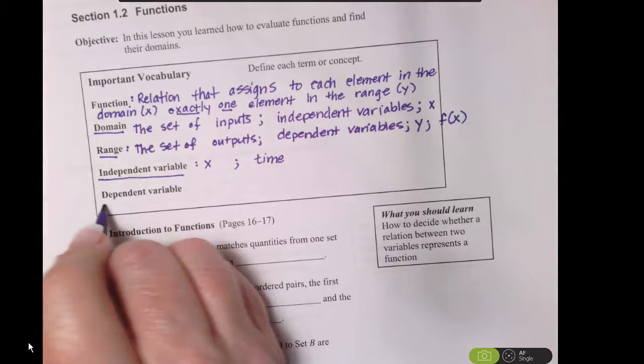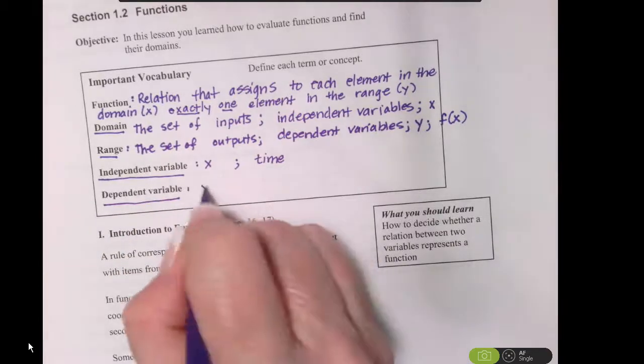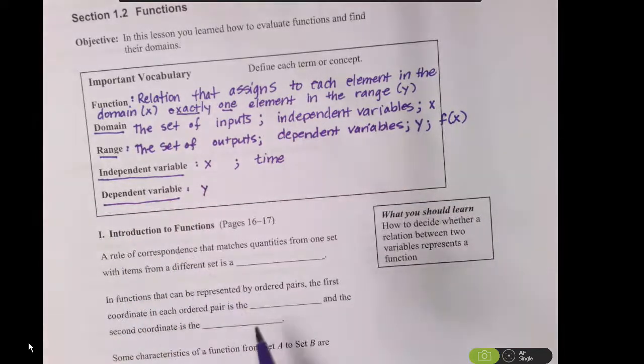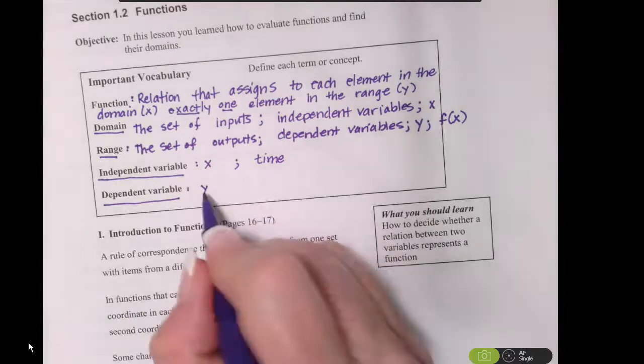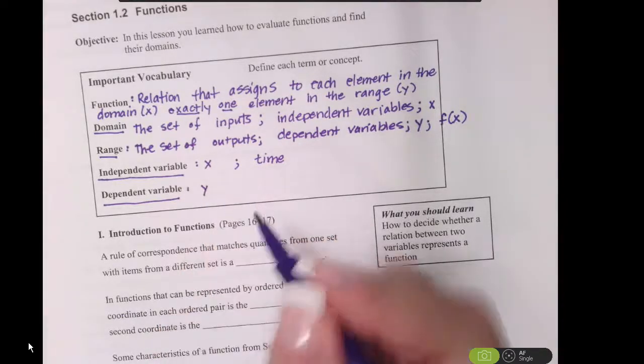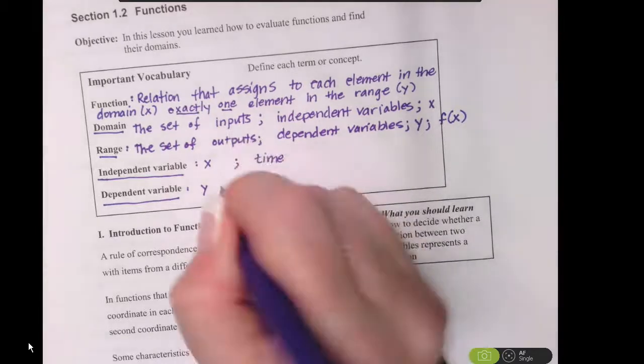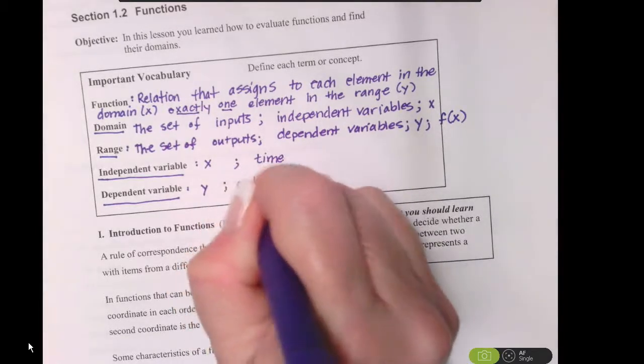The dependent variable very often is the y, and depending which value of the dependent variable you pick, it's going to matter where that ends up on the function. And we'll just call that the output.